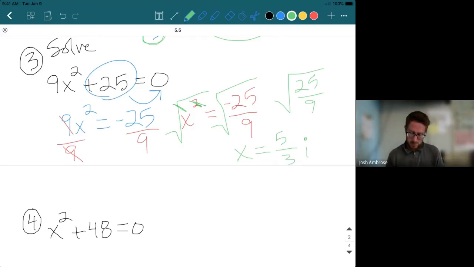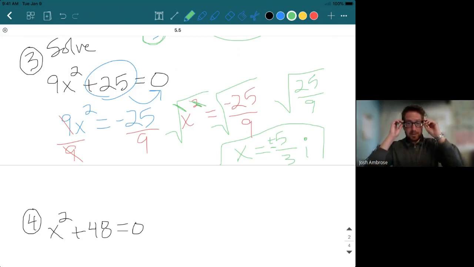Whenever you take square roots, you need to remember to put plus or minus in your answer. So we pulled out the i, that took away that negative sign. Then we were just dealing with a radical 25 over 9, which simplifies down to plus or minus 5 over 3. All right, so this would be the final answer right there for that one.